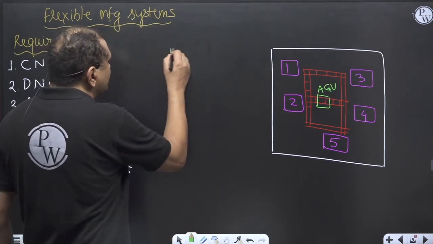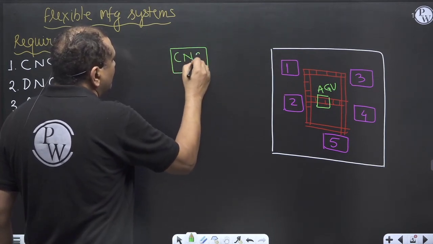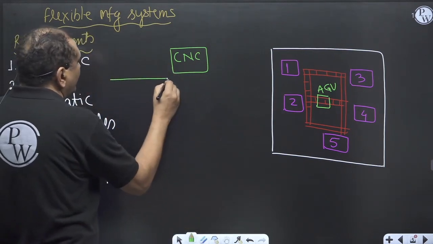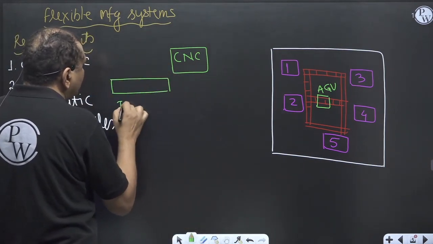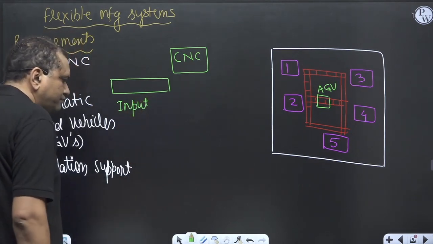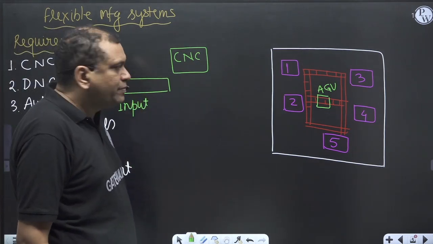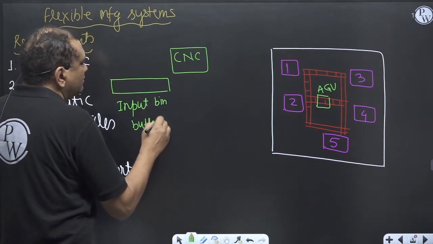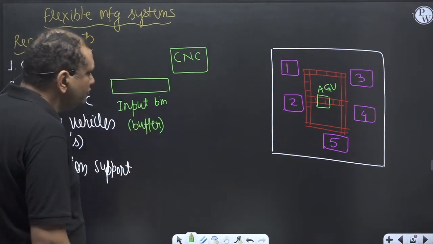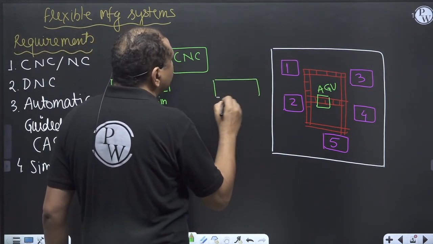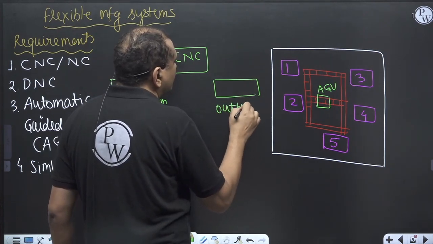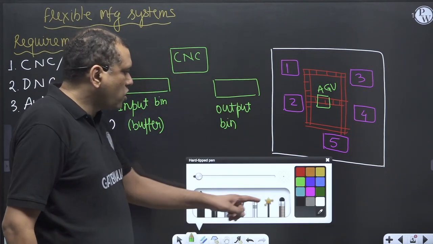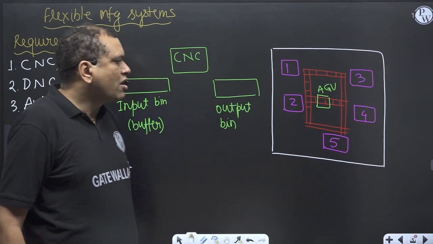Now, for every CNC, there is an input bin and an output bin. A bin is also called a buffer.